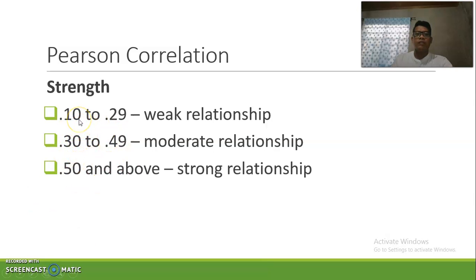So if the computed R value is from 0.10 to 0.21, the relationship is weak. If it is 0.3 to 0.49, it's moderate, but if it is 0.5 and above, then there is a strong relationship between those variables.